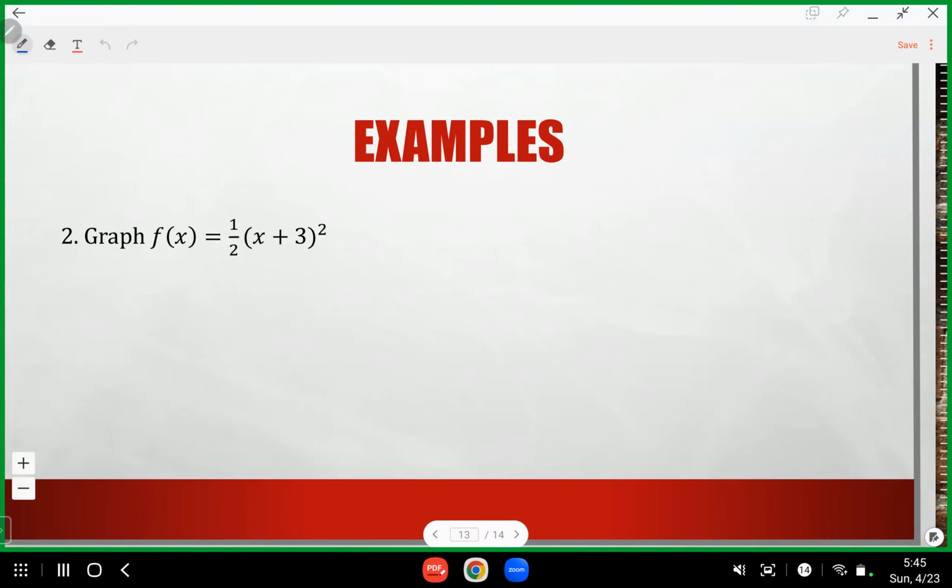All right, so let's look at this. We have to graph f of x, which is equal to 1/2 of (x plus 3) squared. We do have both non-rigid and rigid transformations in here, so let's see how we would do this. This is basically a modification of a parabola, and since it's positive, we know it's a parabola opening up.